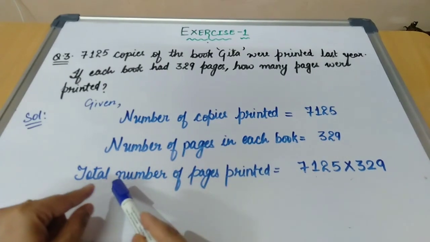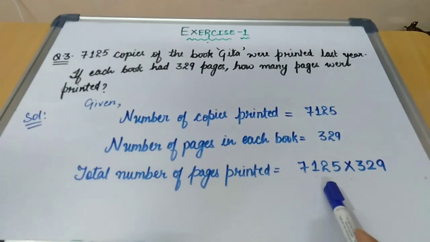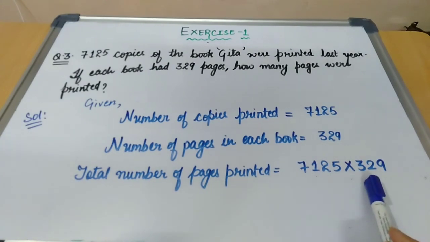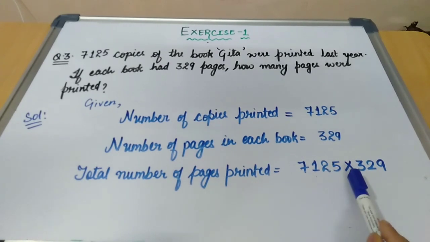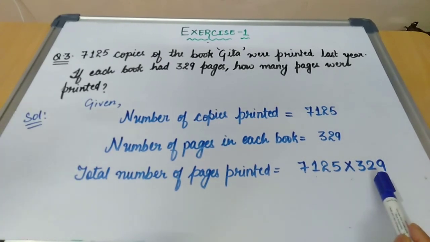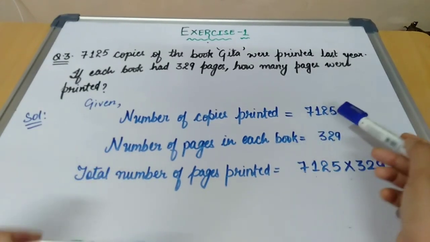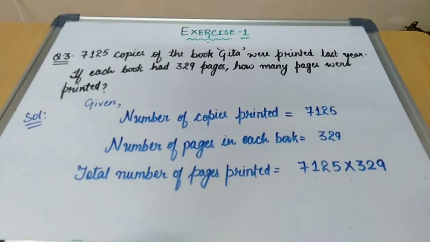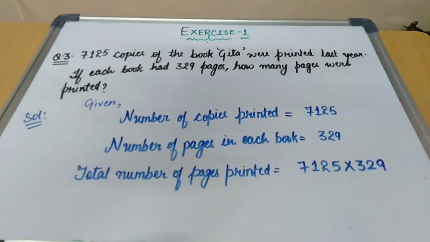Now you have to find the total number of pages printed. So which operation are you going to use? You are going to multiply. You will multiply the number of copies printed by the number of pages in each book to get the total number of pages in 7,125 books.